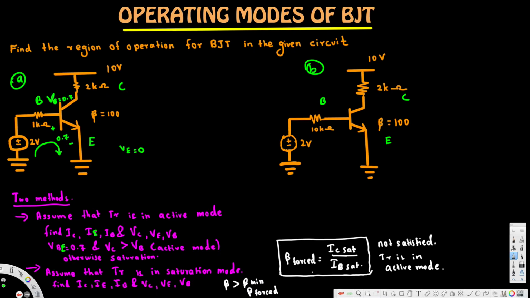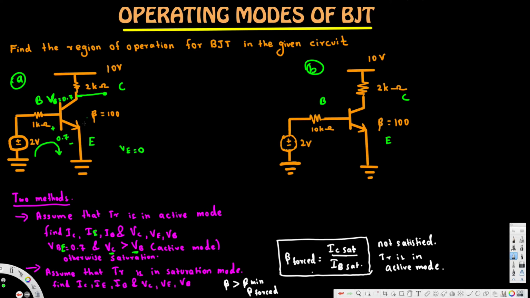And also we have to find out the current, because now we have to compare VC and VB. If VC is greater than VB, then we say this is in active mode. Otherwise, it's going to be saturation. Now we know that VC is voltage across here. In order to calculate this one, we have to find out what the IC current is.